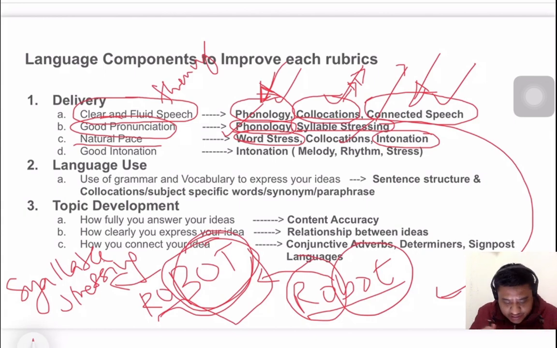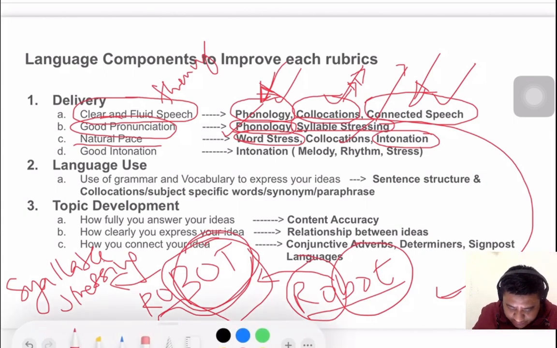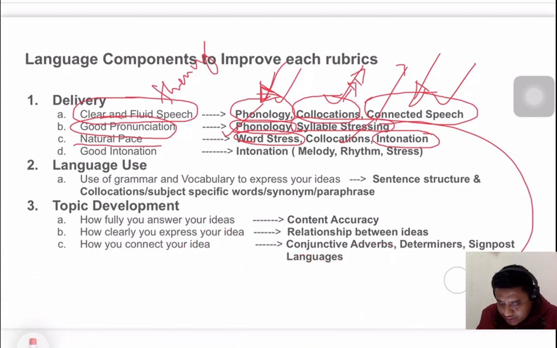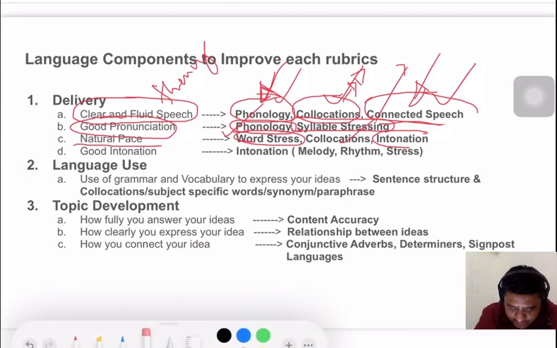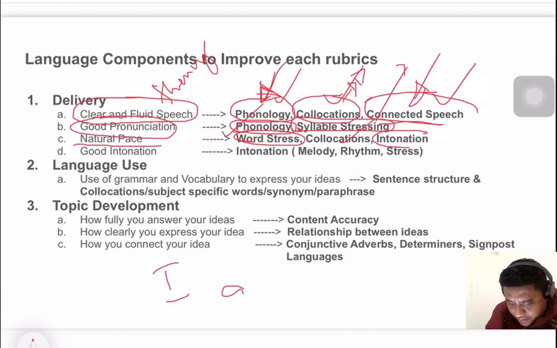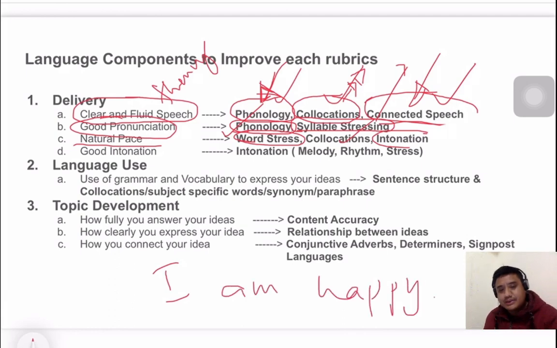We already discussed here that in English different syllables get different stress. In English, it is also true that different words in a given sentence also get different stressing. So, let's say we take this example sentence: I am happy.